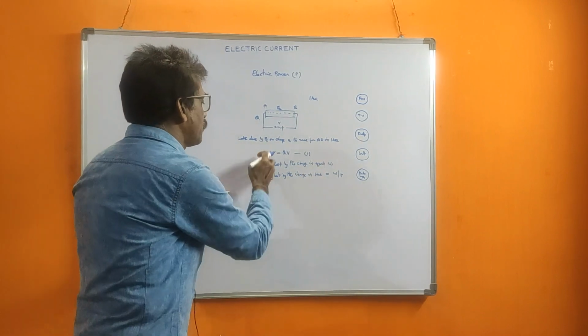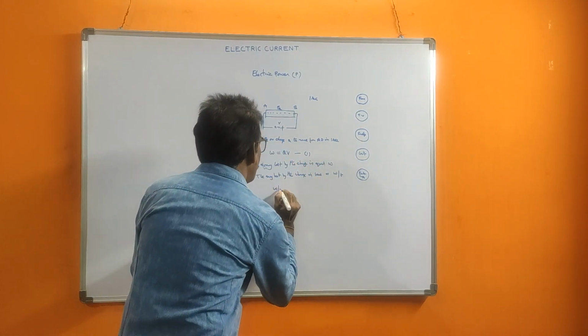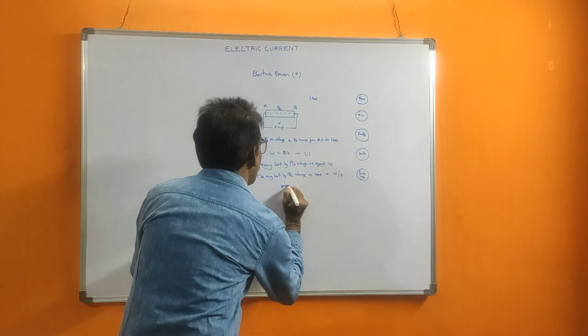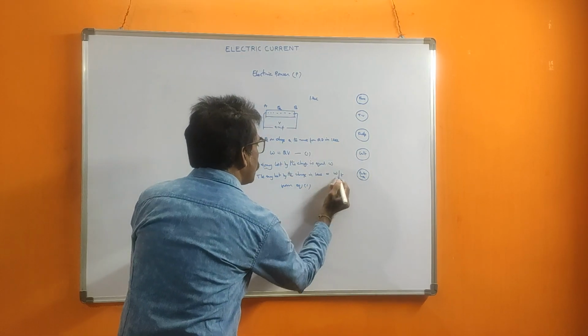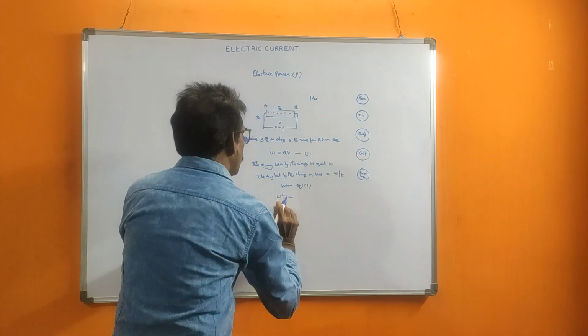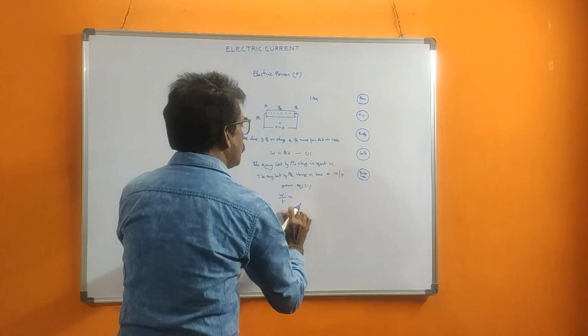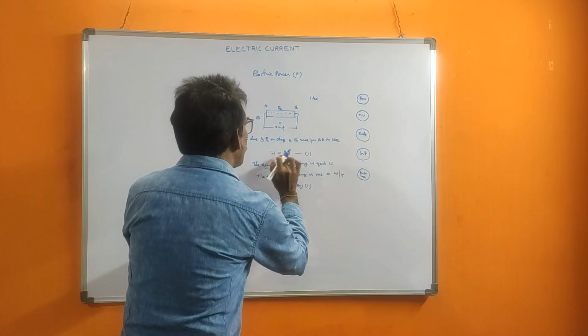Now from equation 1, W by T is equal to QV by T, since W is QV.